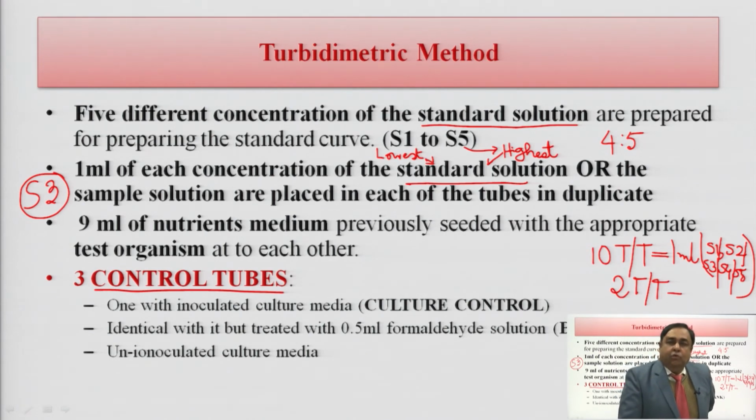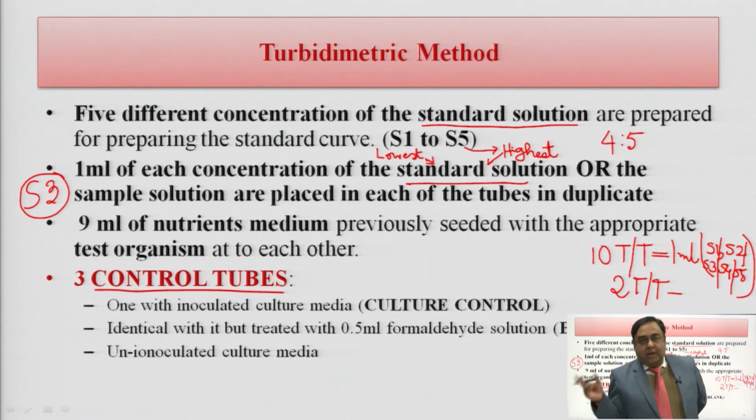Now, this unknown sample solution has to be prepared according to the labeled claim, that is, whatever is claimed on the package, you have to dilute it in such a manner that it comes close to the concentration S3 of the standard.